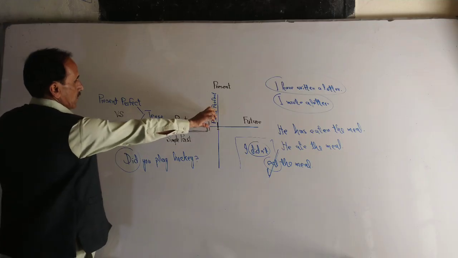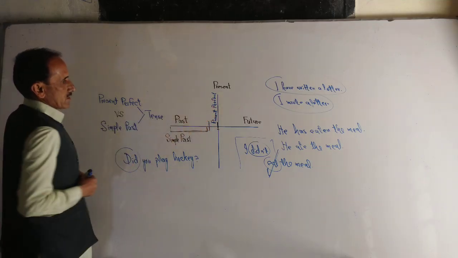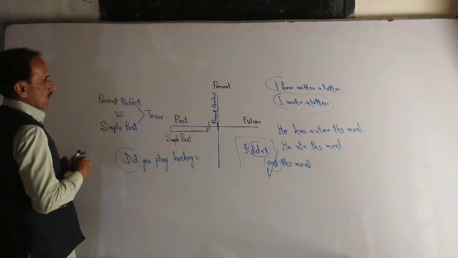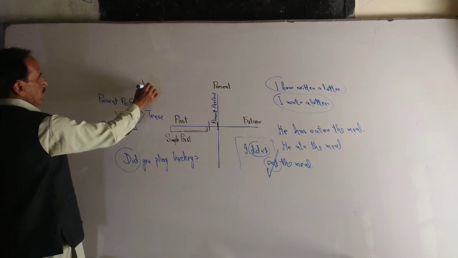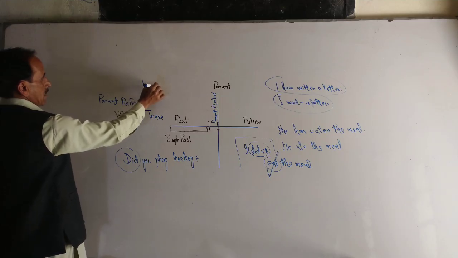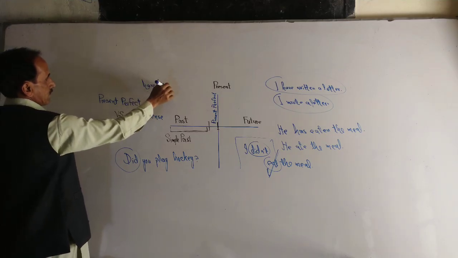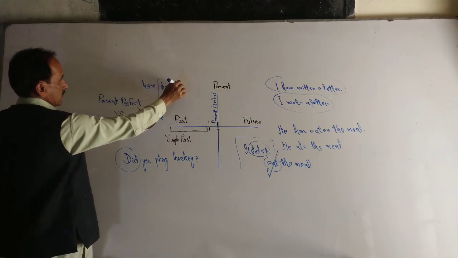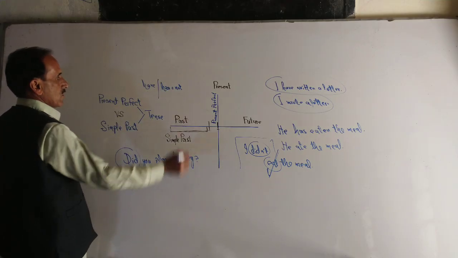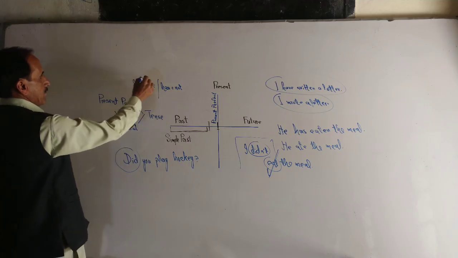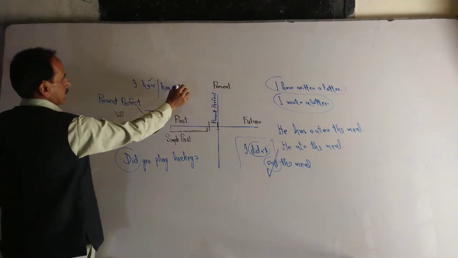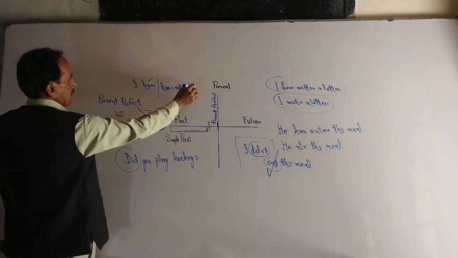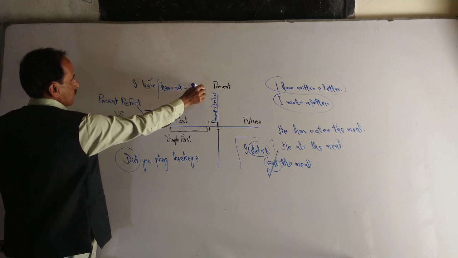And when we want to make negative sentences of present perfect, then we use have or has, and after that we use not. For example, I have not written the book.